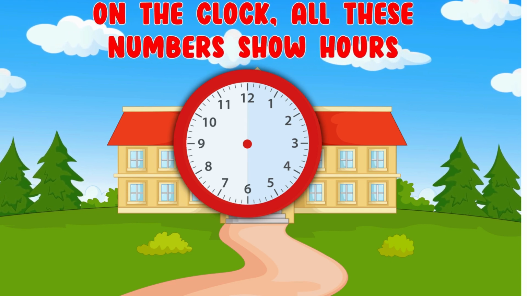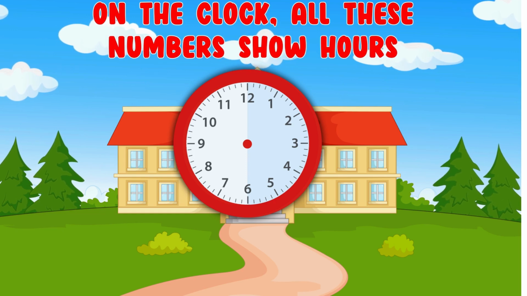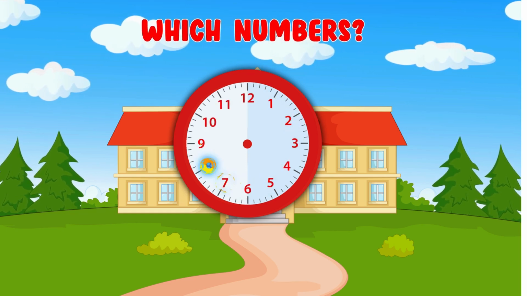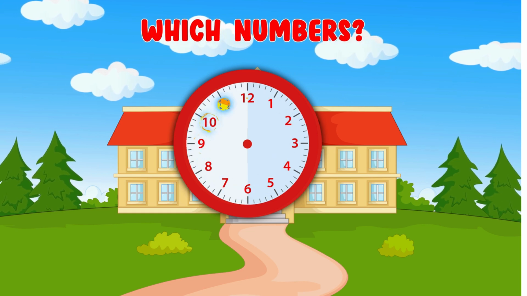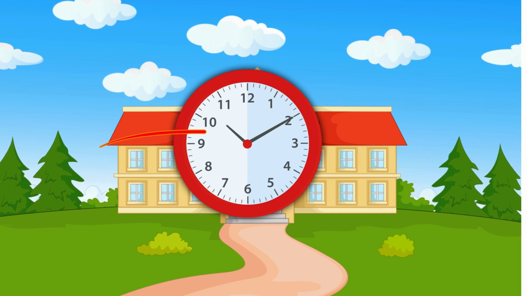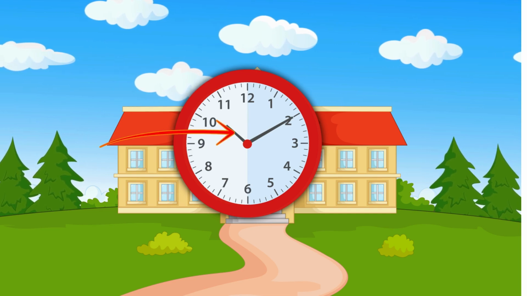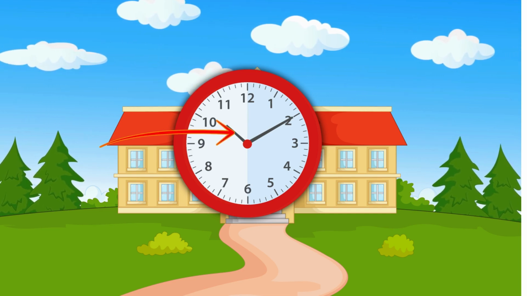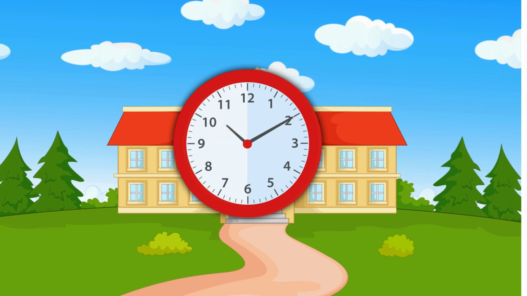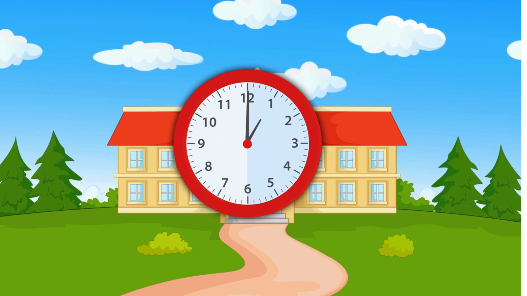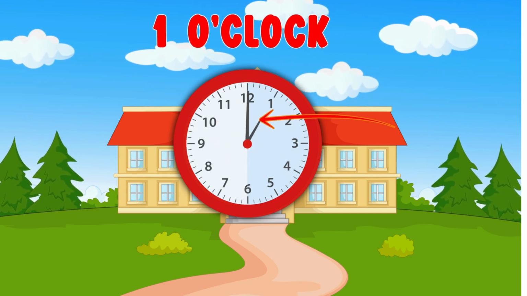On the clock, all these numbers show hours. Which numbers? This small hand is the hour hand. You have to see the small hand first to tell time. One o'clock.